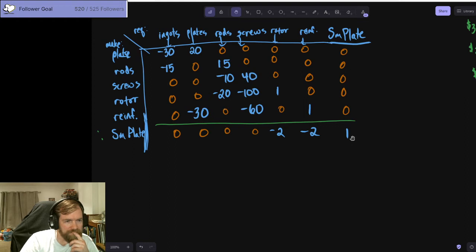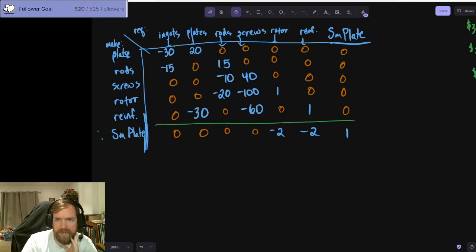So we'll see how it goes. And I'm trying to figure out what would be the appropriate inequalities that we have as constraints, right?